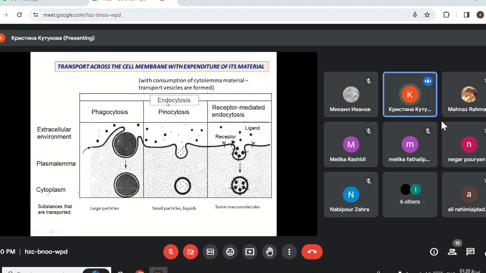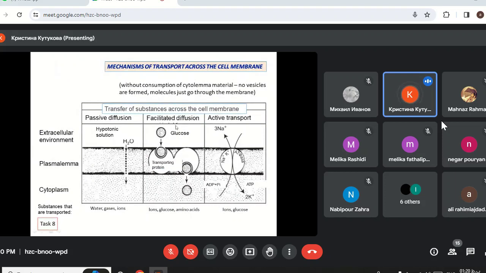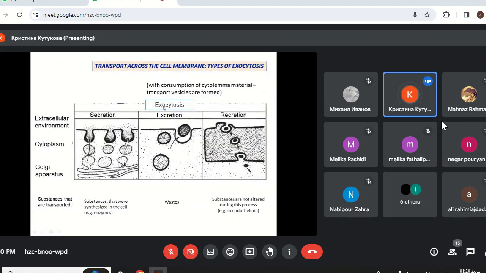Endo means inside, so these are three ways of the entering of molecules into the cytoplasm of the cell from the outside. And exo means outside, so here we have three ways of going out of molecules from the cell outside.